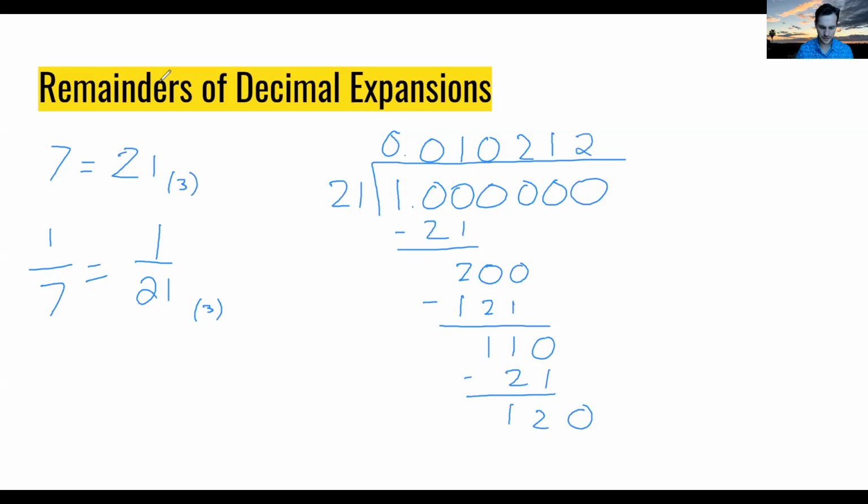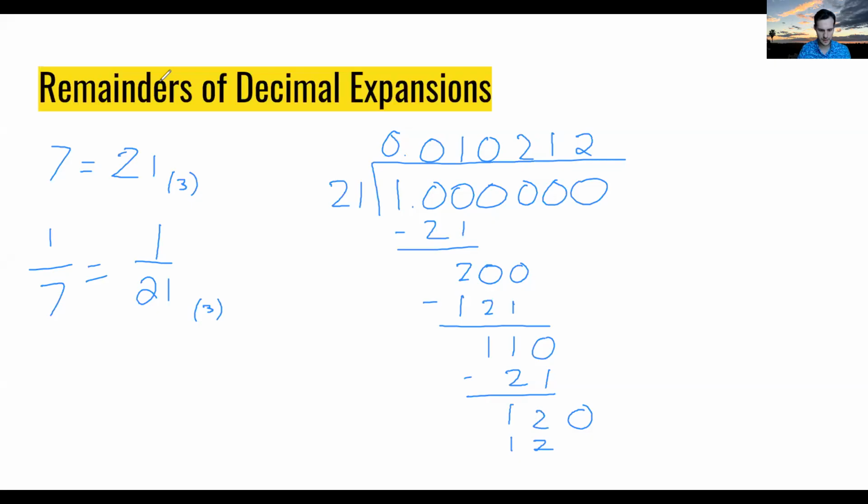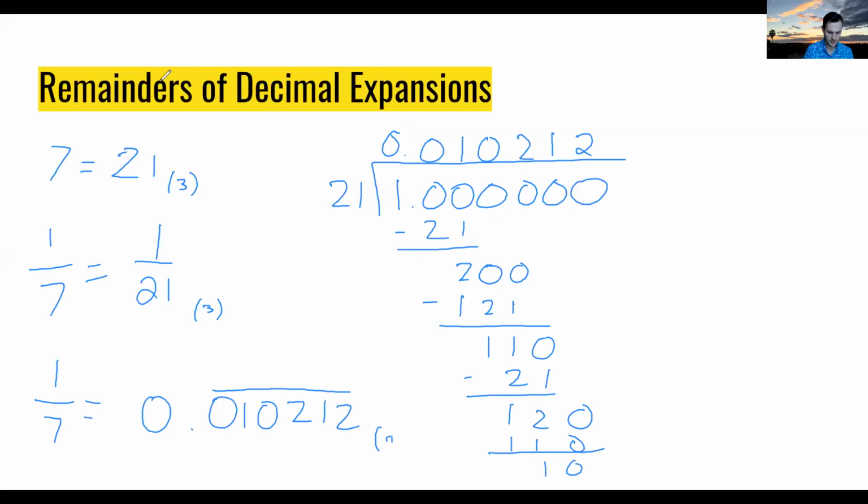It goes in twice again, and we said that would be 21. Oops, that would actually be 110. Subtract. And now we're back where we started, which suggests that 1/7 in base 3 is 0.010212 repeating in base 3.